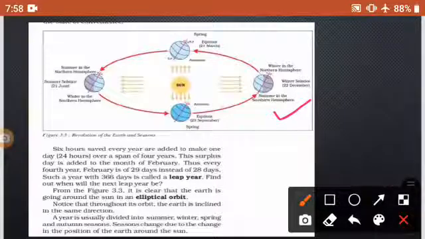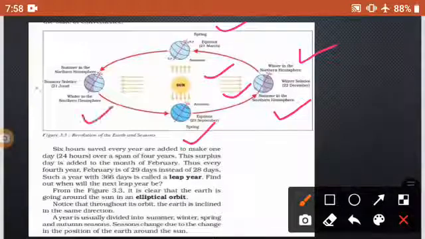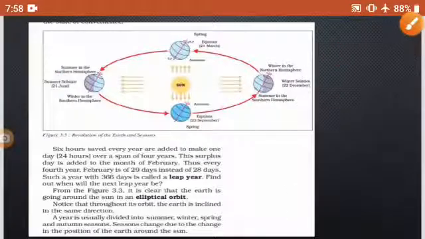Over here we can see summer in the southern hemisphere, winter in the northern hemisphere. Then we can see spring, autumn, spring, winter, summer. So we experience different types of seasons because the earth revolves around the sun in a particular direction and in a particular orbit. The earth is inclined in the same direction.